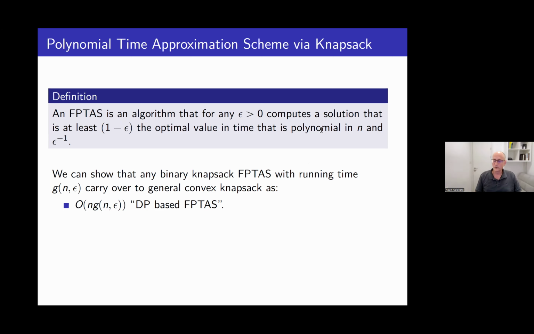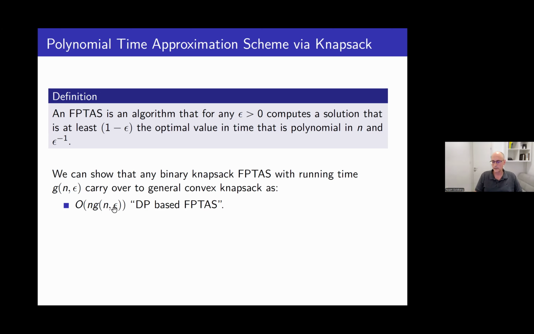Okay, so before getting to our result, we also make this observation, or actually a proposition, that we can reduce any binary knapsack algorithm. Not by the previous algorithm that I showed, that's specific for our special case, but for convex knapsack in general, we can think of two different ways to reduce a knapsack FPTAS algorithm to convex knapsack.